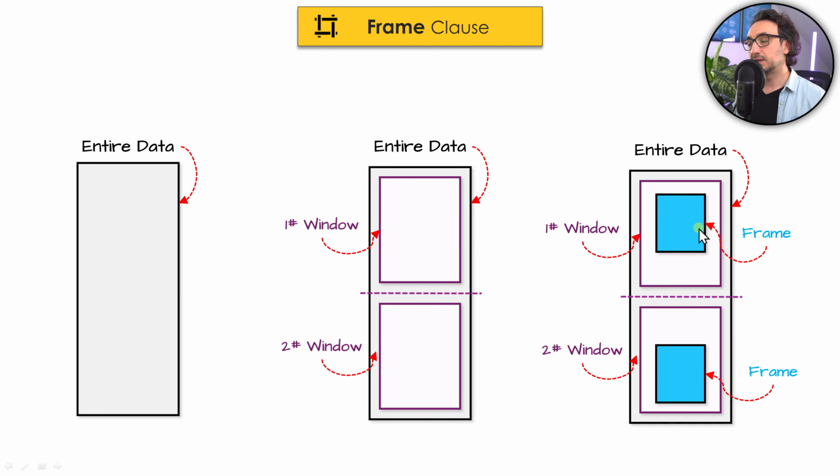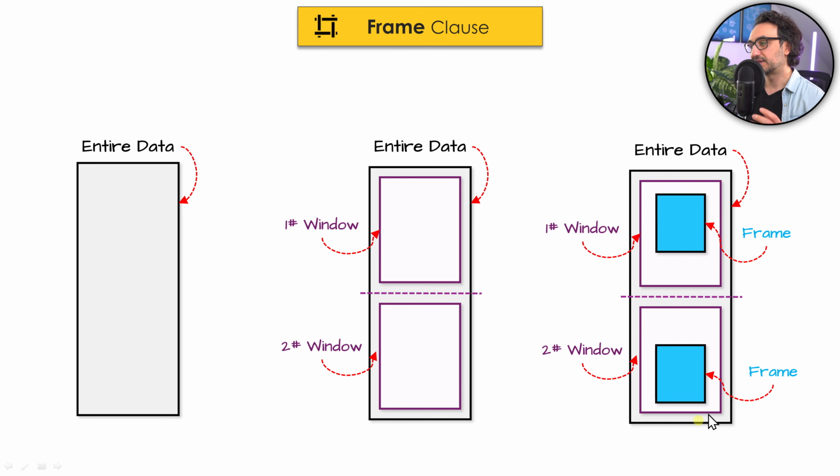And we can do that using the frame clause. So again, partition by you can use in order to divide the entire dataset into multiple windows. And for the frame clause, if you don't want to consider all the rows within each window in the calculation, you want to focus and specify only a subset of data within each window, then you can go and use the frame clause.